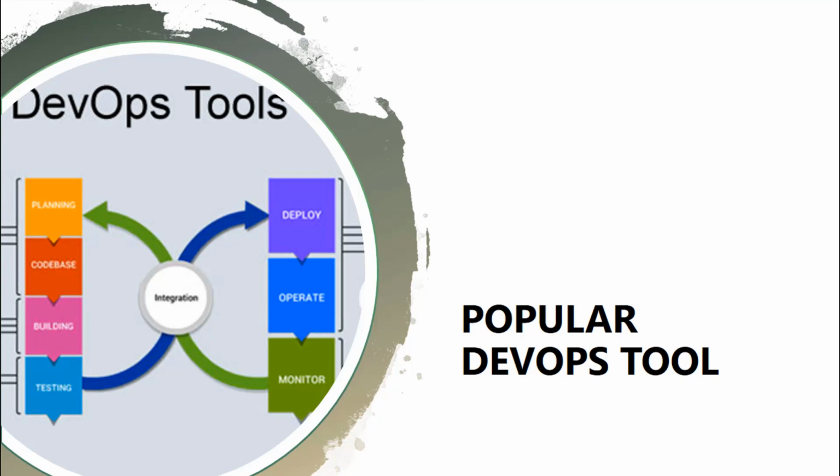Now keep in mind, as we're progressing, there are several new tools that come into the market, and then DevOps or enterprise architects or project managers take a look at these tools, evaluate them, and then decide which one is the most effective in terms of integration, in terms of efficiency, and so forth. So I'm going to talk about certain basic ones, just 3 or 4 of these tools, so that you get to understand some of the capabilities and features.